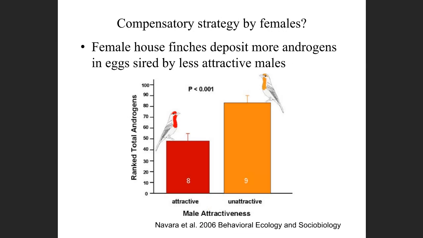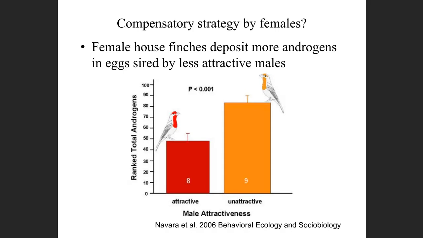So when Navara et al. studied the patterns of androgen deposition in eggs sired by females mating with very red or less red males, what they found is when females mated with less attractive males, they put a lot more androgens in the eggs.